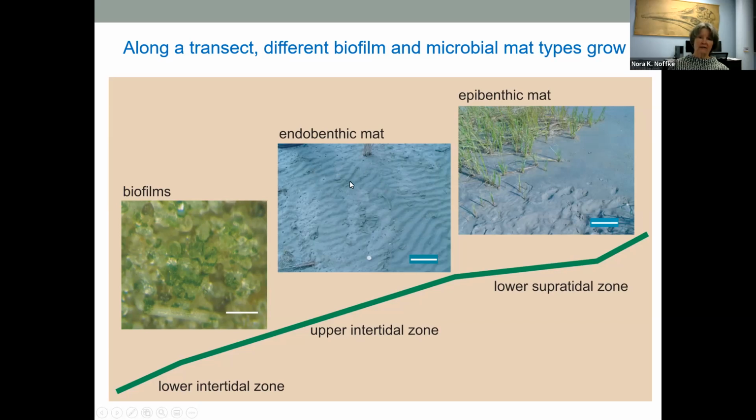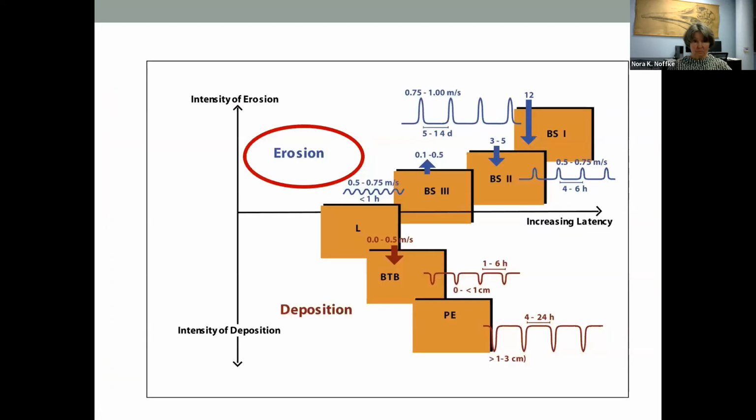The word endobenthic means it's sitting within the uppermost 1 to 2 millimeters of the sediment. So it's really just a thin film. Sometimes the sediment is not even discolored and it needs a trained eye to actually see those microbial mats. And then there are epibenthic microbial mats in the lower supratidal zone, which are the thick microbial mats that we commonly know from our textbook.